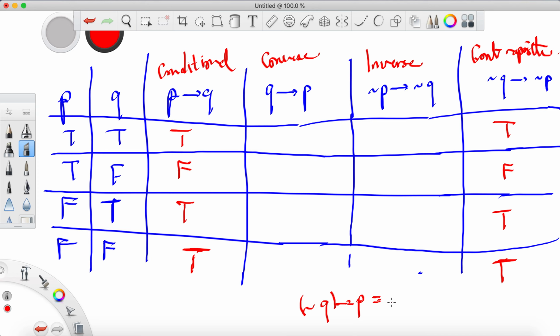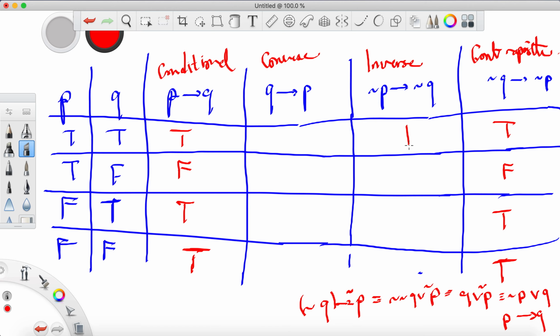If we get rid of that arrow, we can say it's not not Q or not P, but this is just equivalent to Q or not P. I seem to have forgotten my little tilde in front of P. Okay, so this is equivalent to not P or Q, but that's just P implies Q. So that's one way to show that they have to be equal.